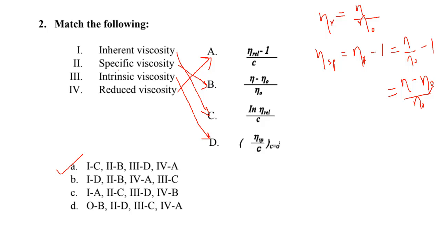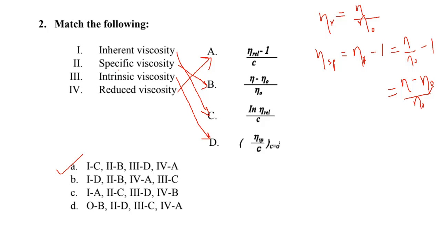If I want to check the specific viscosity with respect to water, it is the ratio of the viscosity of oil divided by the viscosity of water. 900 divided by 1000 comes to 0.9. So that is the specific viscosity. I hope you understood.